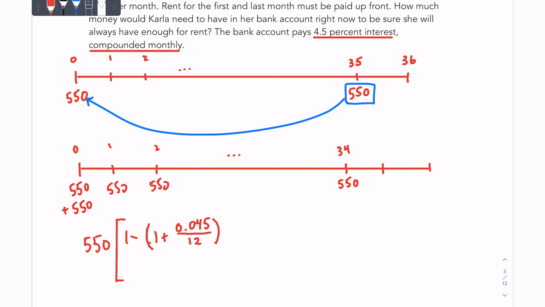And then the n would be 35. Again, I'm not accounting for that last month that got moved to the start. I'm ignoring that for now.